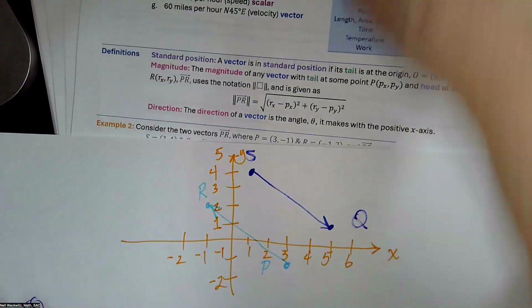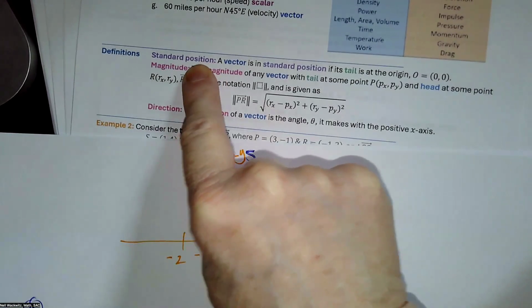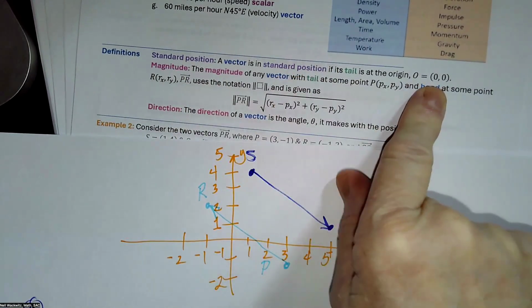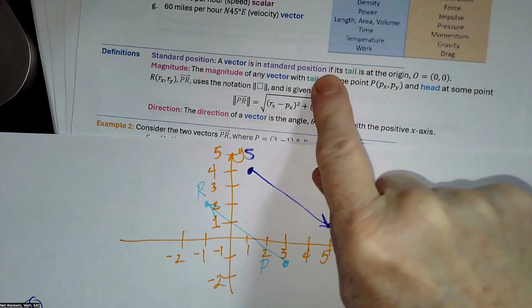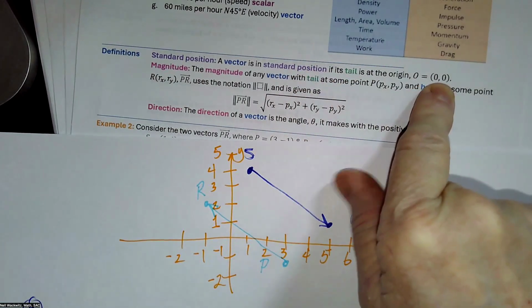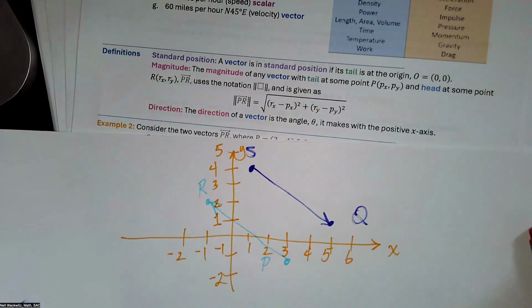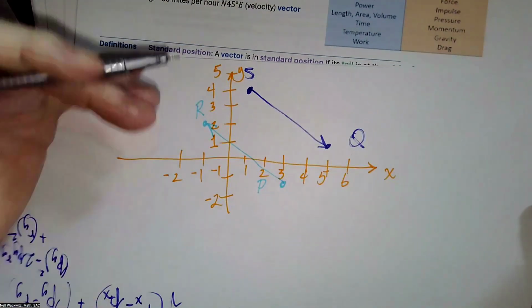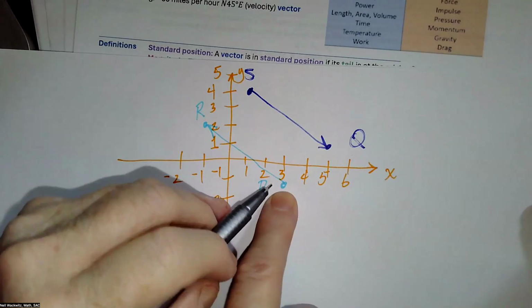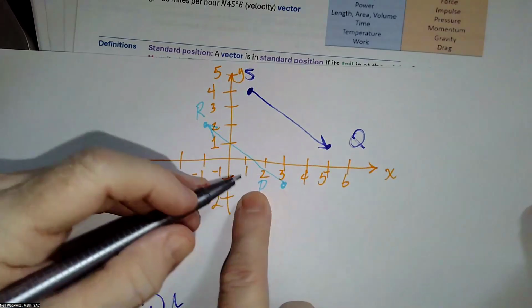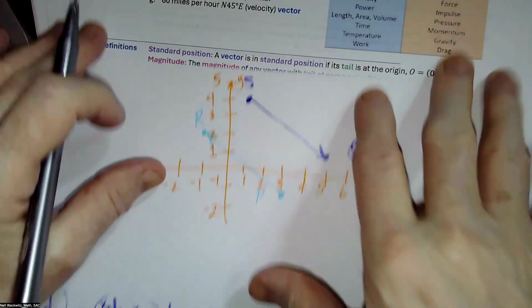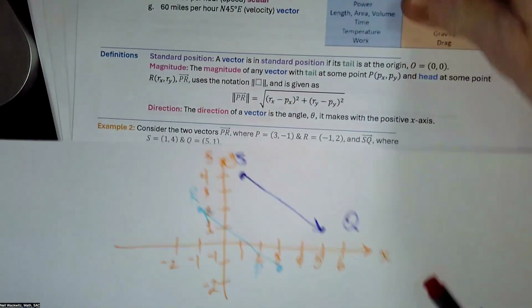And, oh, I missed this. So standard position means that, I think I said it, but I didn't really say it much. If the tail is at the origin, then the vector is in standard position. And that allows us to take two vectors that look different, but we think maybe describe the same thing. This allows us to move them to the same place. So the tail of PR, I'm going to move P to the origin.